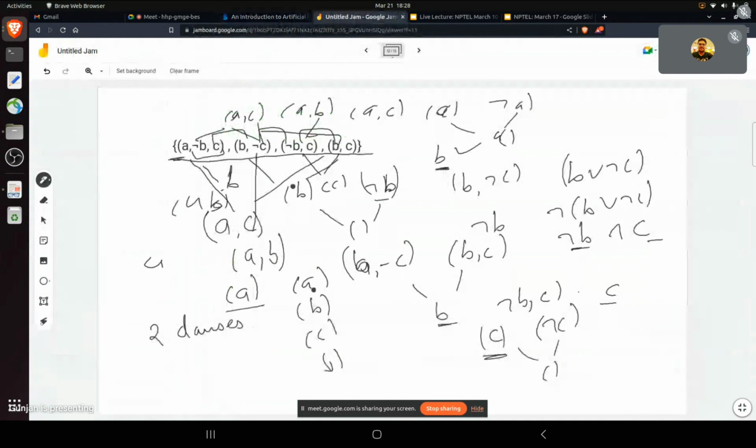No. We were only able to show it for B and for C, that if you take any two clauses of this set, you will surely be able to get B or C. And since these clauses are given as true, and we are able to show B or C can be derived from the set of these clauses, that means B or C is entailed by these clauses. Is it clear now? Or do you want me to go over this once more?